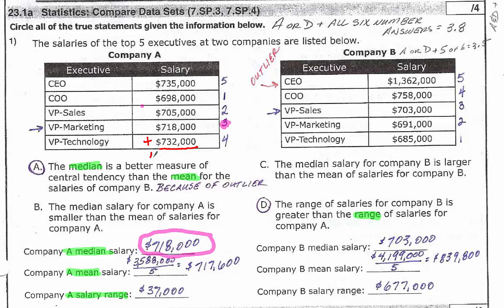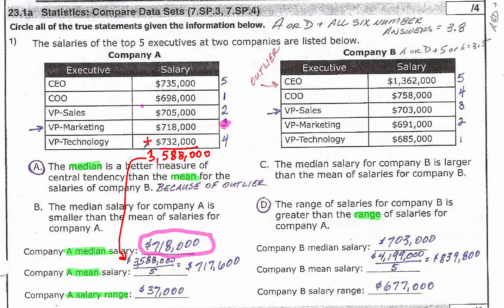And when you add them all together, you get 3,588,000.